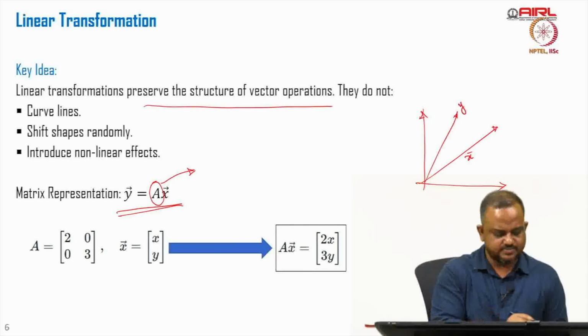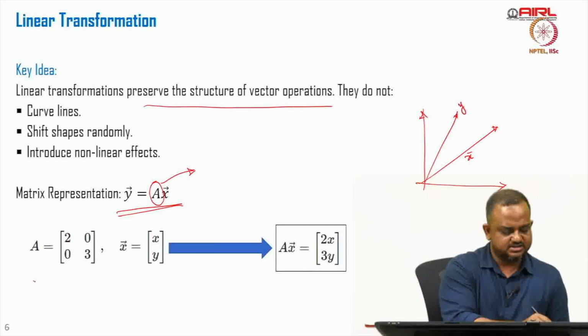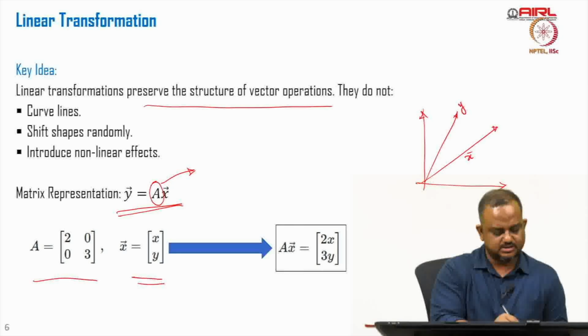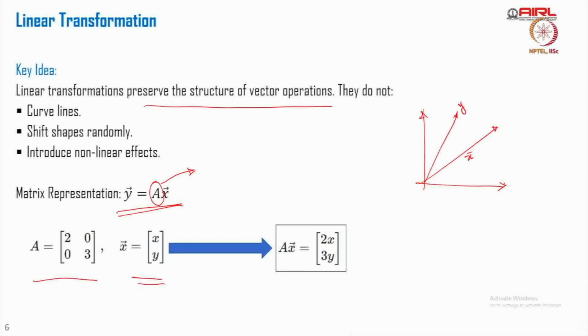So as an example, you can see that a vector is x and y in a coordinate frame. That means this particular vector, say vector v, when it's projected on x and y axis, we have coordinates small x and small y like this.